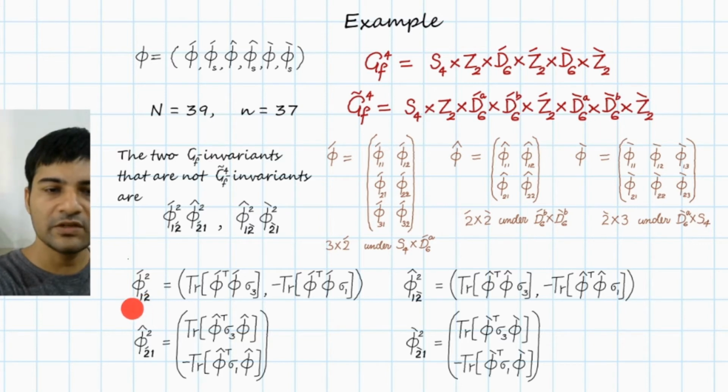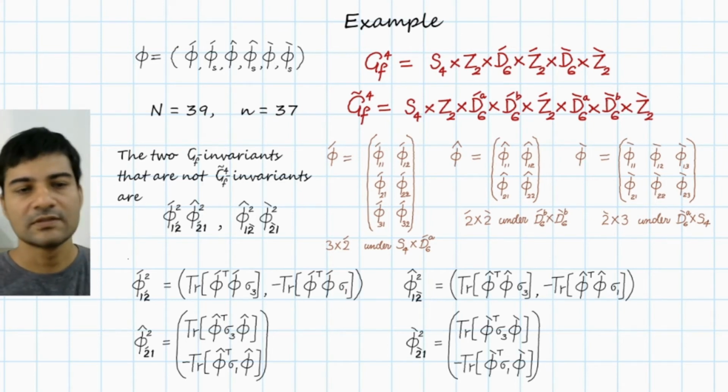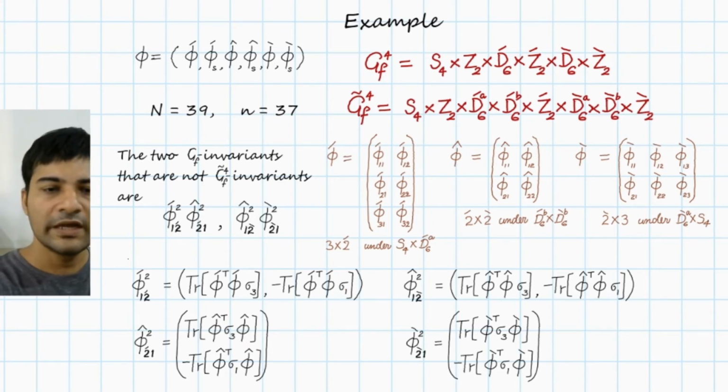So that is the meaning of this notation, and its expression is written here. As you can see, there are two acute phi in it, so it's quadratic in acute phi. And these sigma 3 and sigma 1 are Pauli matrices. And this looks like a 1 by 2 matrix.